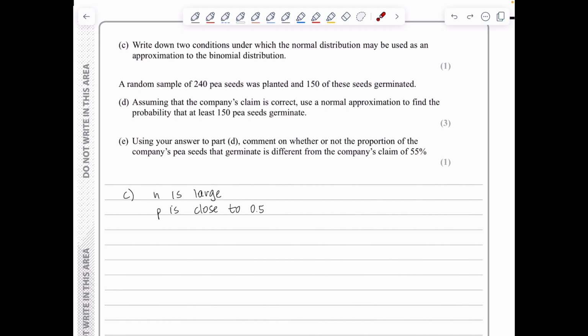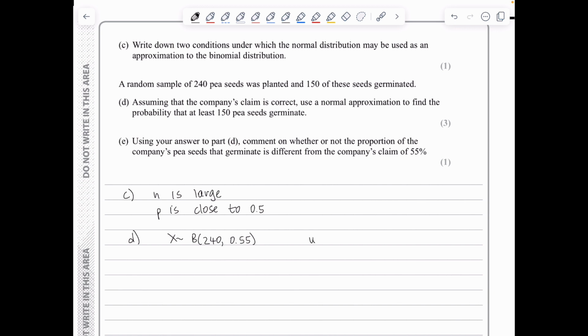We now have a random sample of 240 pea seeds planted. 150 of these actually germinated, and assuming the company's claim is correct, we need to use a normal approximation to find the probability that at least 150 pea seeds will germinate. So we start, the original distribution is binomial with n being 240 and p being 0.55. I will calculate the mean and the variance of this.